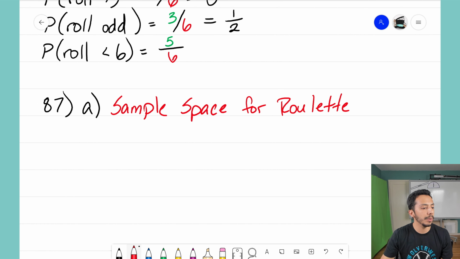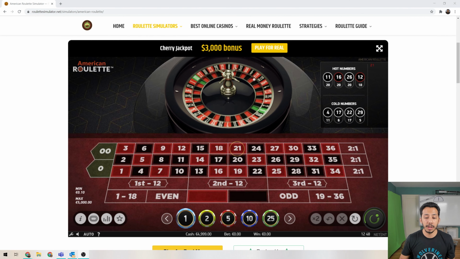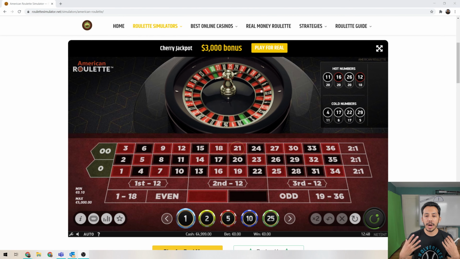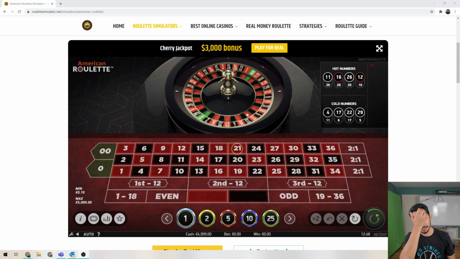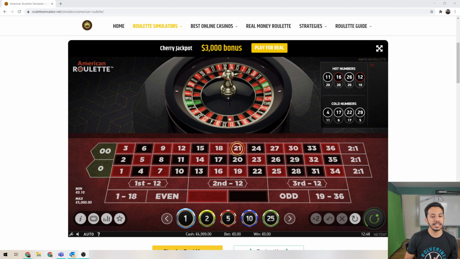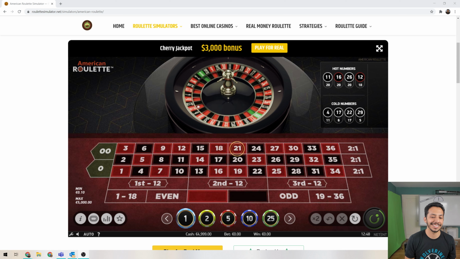Go ahead and let me know in chat. I'm going to switch over in a second, so copy that down. What would you guys say is the sample space for roulette? What are all the possible outcomes for this game? Let's see if anybody falls into the trap, because there is a little trap here.